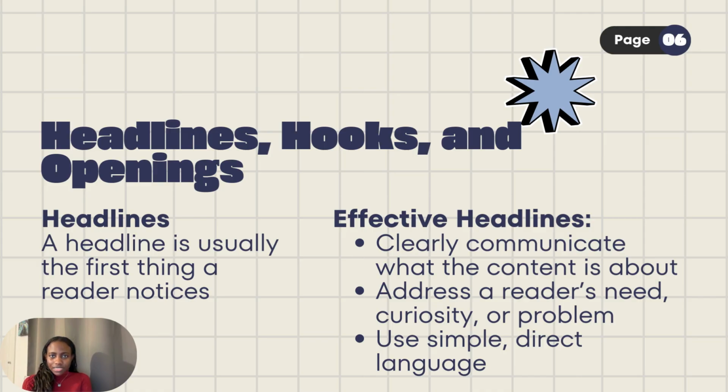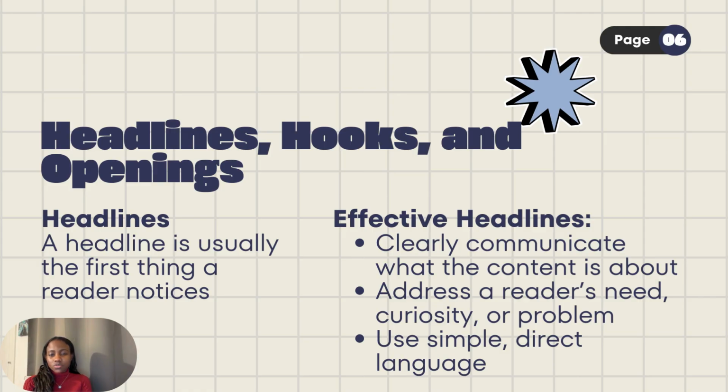If you look at my headline in the slide, it states headlines, hooks, and openings. This gives you a kind of introduction into what I'm going to talk about. That's what you want your headline to do as well. You want your headline to clearly communicate to your audience what your content is all about.